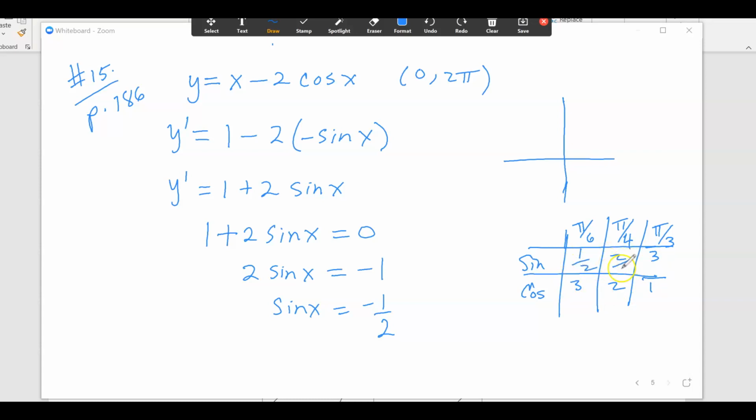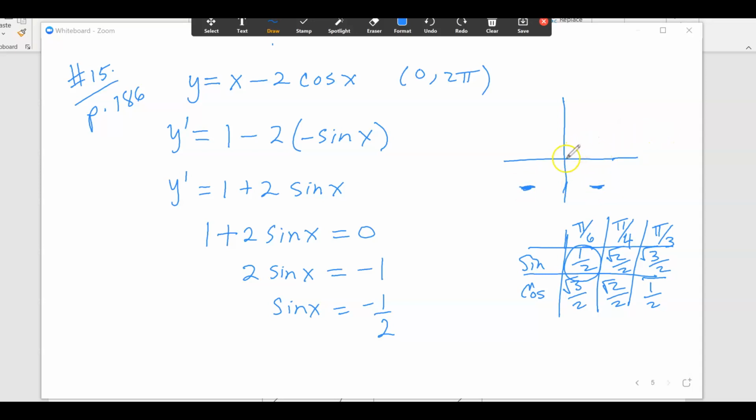Divide everything by 2 and take the square root of your numerators. So I know sine is equal to positive 1/2 at pi over 6. Well, sine is negative here in quadrant 3, and sine is negative there.